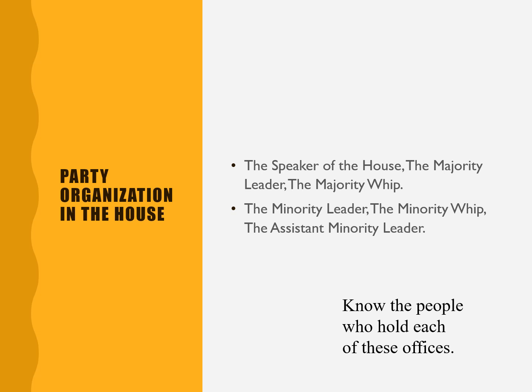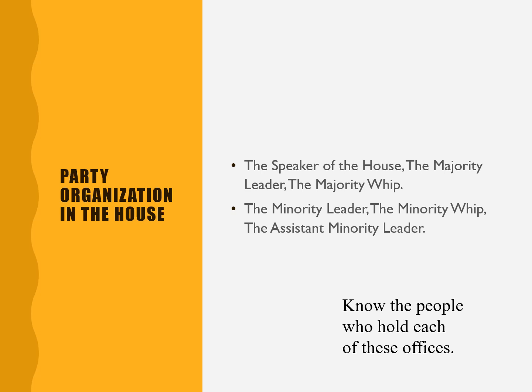The assistant minority leader is an office that is more influential in the Democratic Party. The Democratic Party has decided that when they don't have the majority in the House, they'll still have 3 leaders to parallel the Republican leaders when the Republicans have a Speaker of the House.